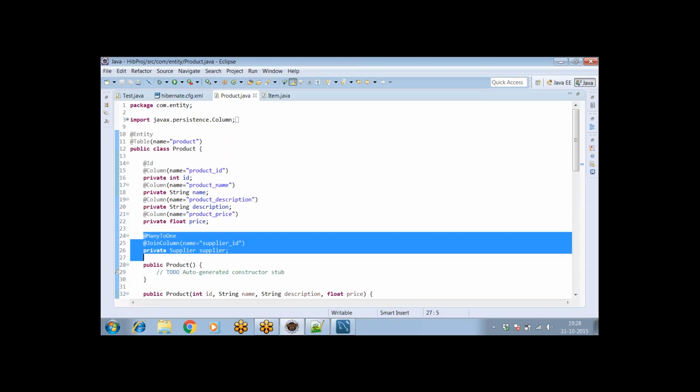There will be one supplier object associated. So what do people think? Even in this case, the associated supplier records, will they be lazily fetched or eagerly fetched?